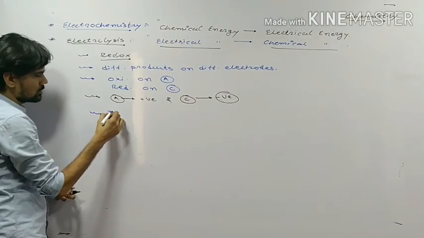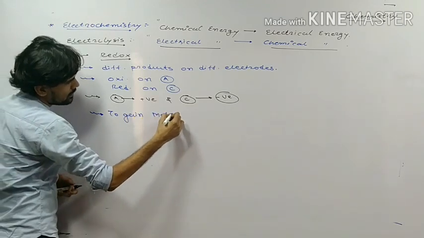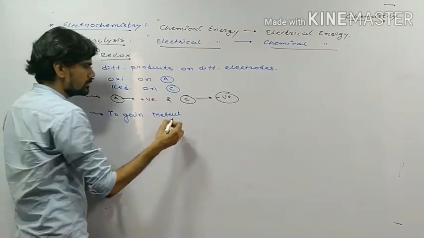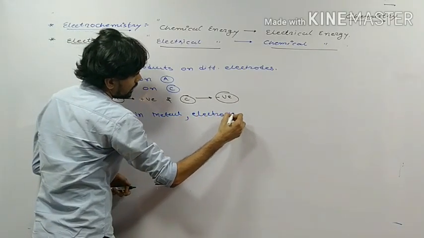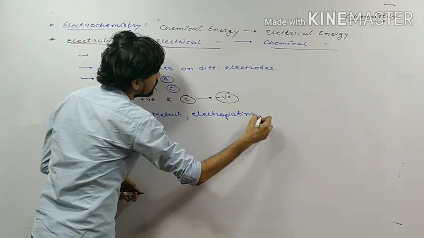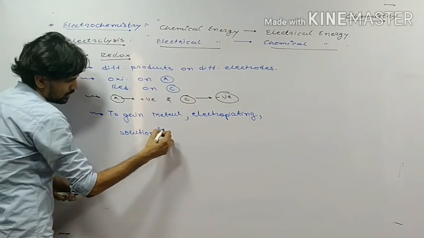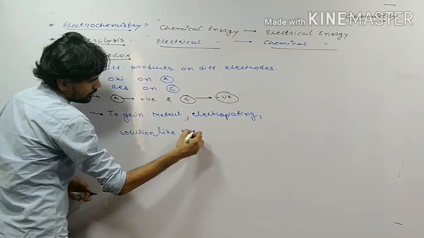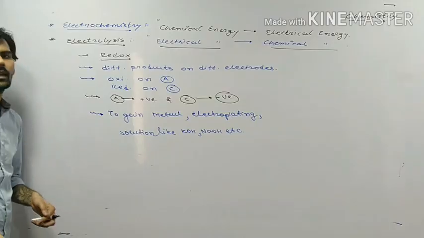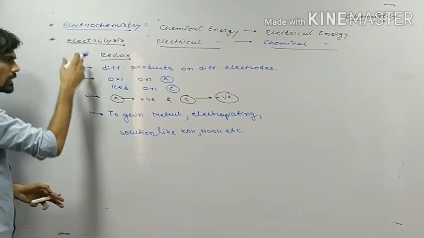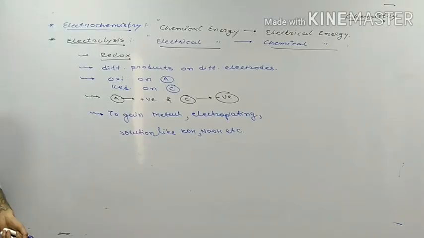We are using it to gain metal, to make electroplating, to gain solutions like KOH, NaOH, etc. So these are the basic points of electrolysis. Fine.